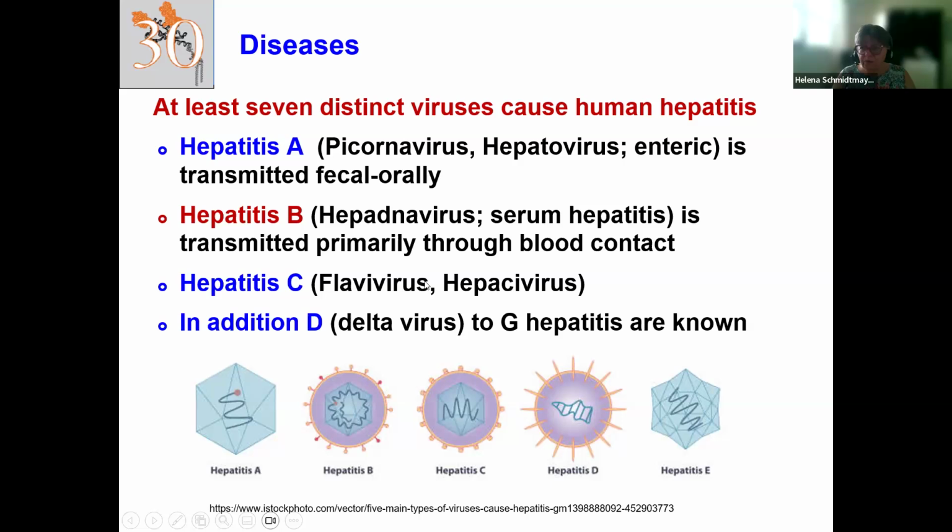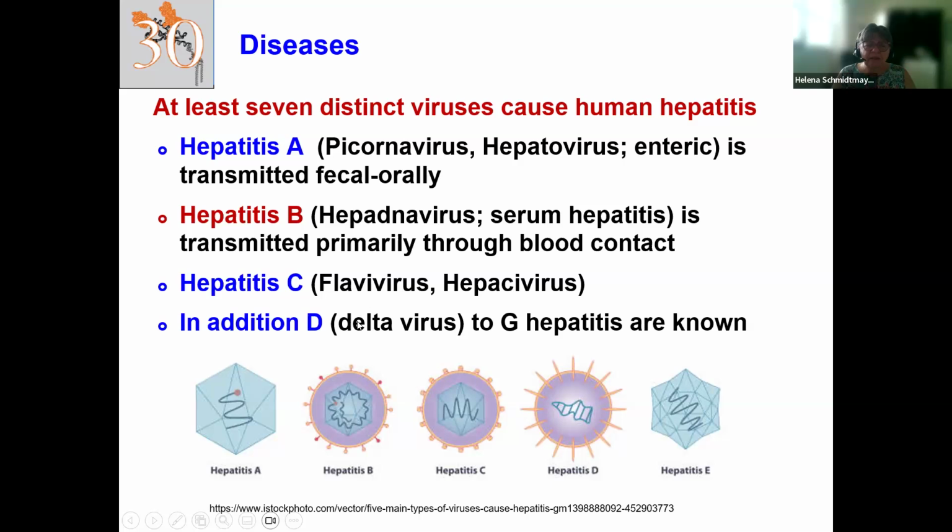Hepatitis C is also an RNA virus. However, it belongs to flaviviruses, genus Hepacivirus. Hepatitis C can trigger chronic infection and lead to liver cancer. We do have a vaccine against hepatitis A and B, but not hepatitis C. For hepatitis C, there is quite efficient treatment.